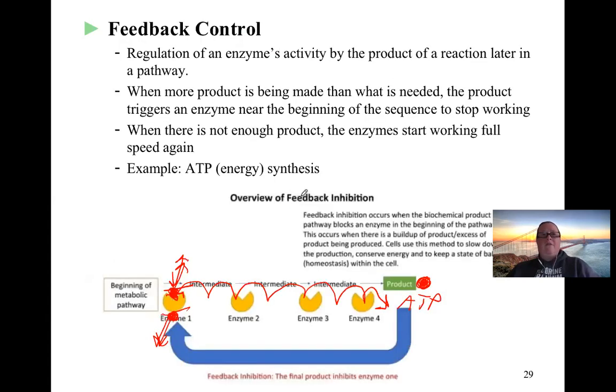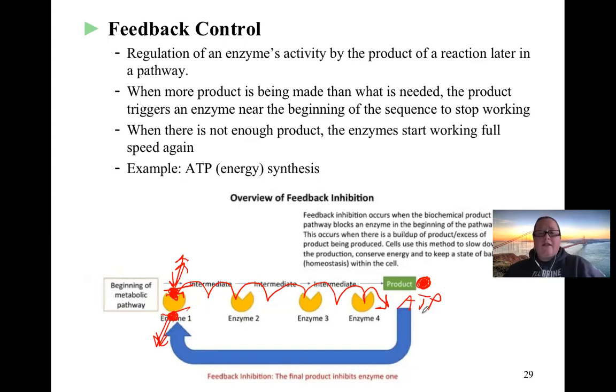In a feedback control regulation, it is the product that determines how fast or slow the reaction needs to take place. If the product increases to a point where it is in excess, it will trigger some inhibition to make the reaction either slow down or stop.